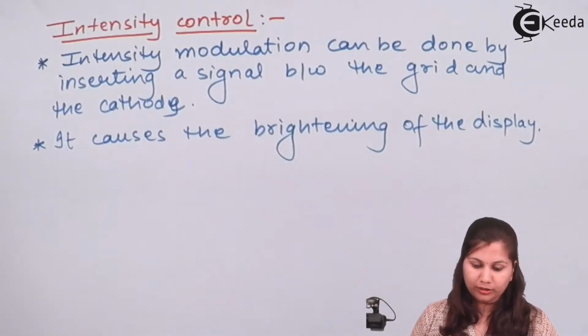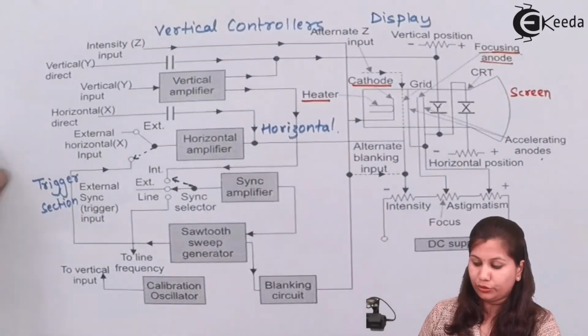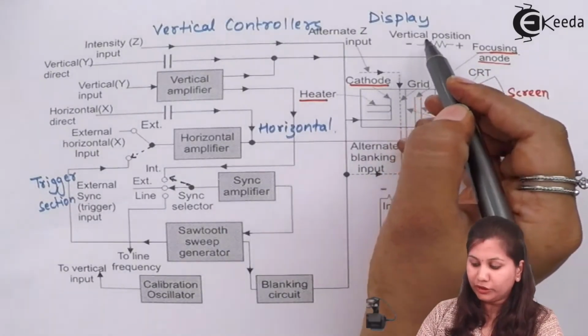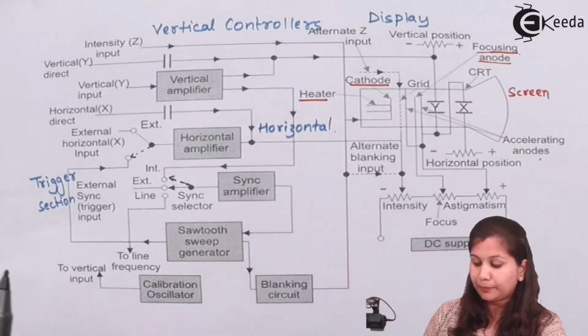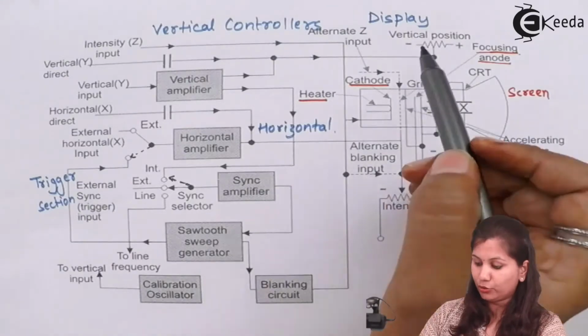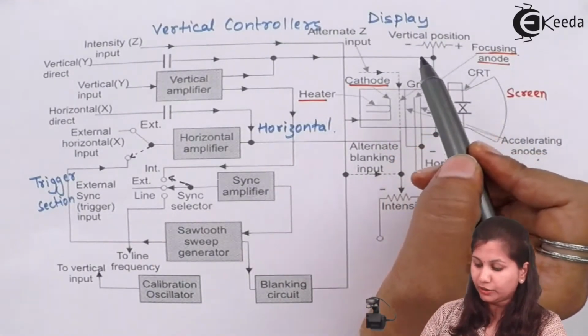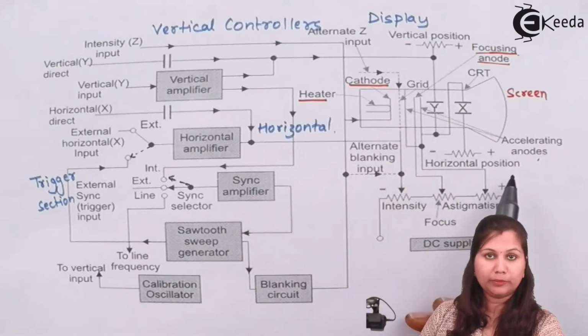Next control is the position control. You can see that for the position control, we have two controls here: the vertical position and the horizontal position.